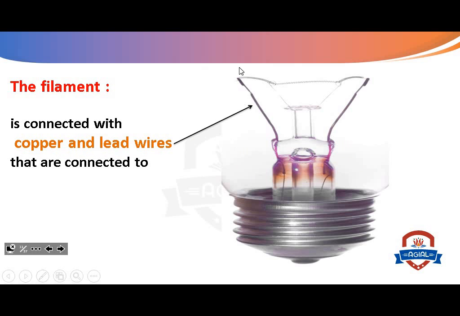So again, this is the filament, connected with two wires made of copper and lead. This wire and this wire, made of copper and lead, are connected to the base of the lamp, as we see.